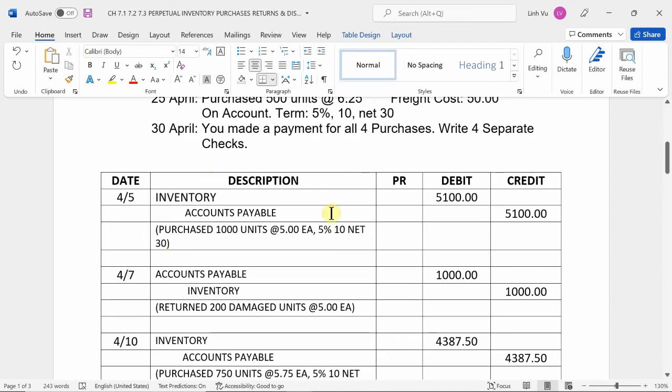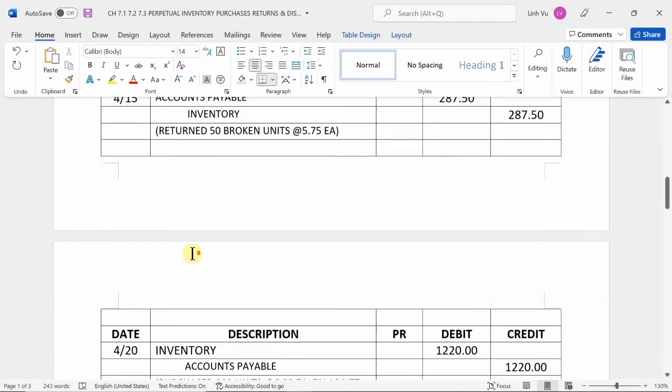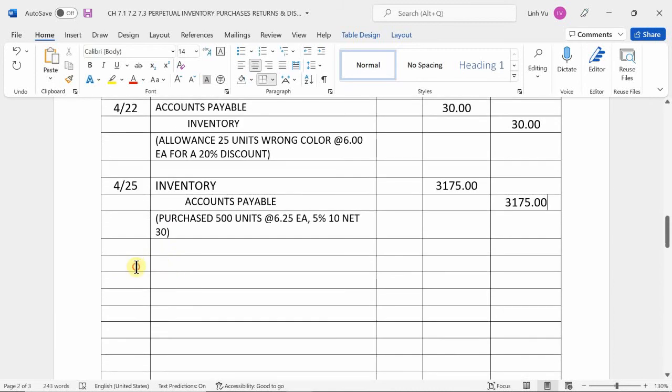Okay. So here I owed 5,100, but I end up returning $1,000. So in this case, how much do I owe? 4,100. We owe 4,100 for this purchase. So that's exactly what I'm going to do. I'm going to write my first check saying I need to pay for this.